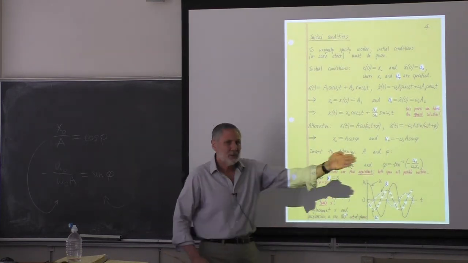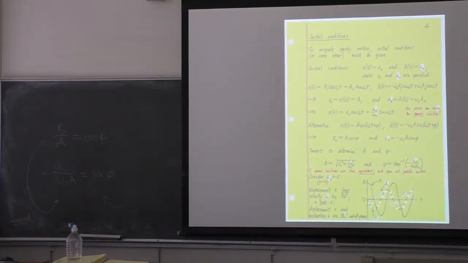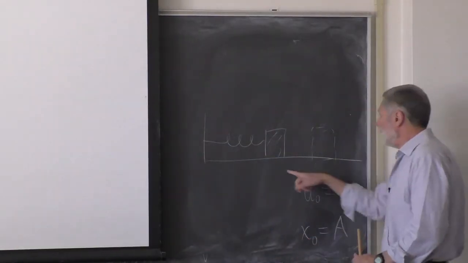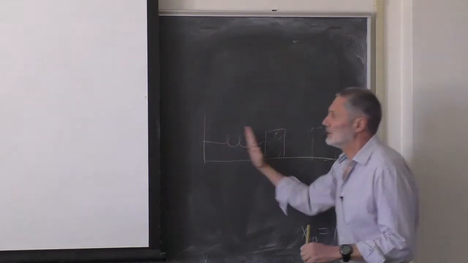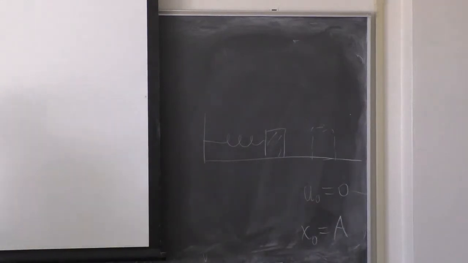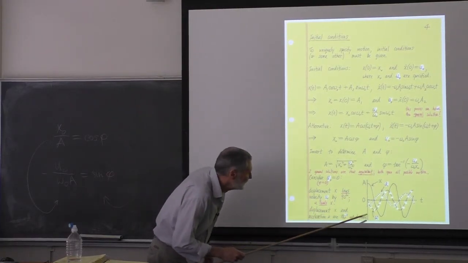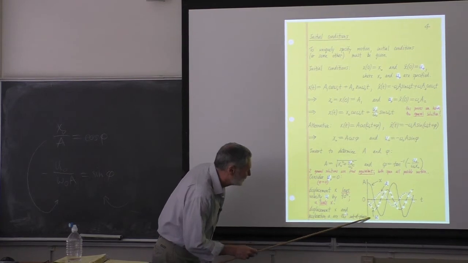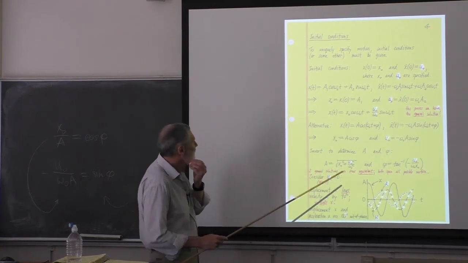I pull it aside, let's say, over here. This is x equals 0. This is x equals a. And it's just going to oscillate like this. You'll notice here that the velocity is shown with the dashed curve. This is the velocity.